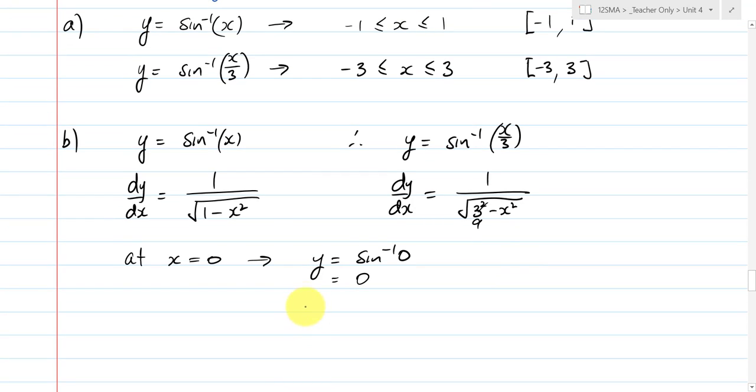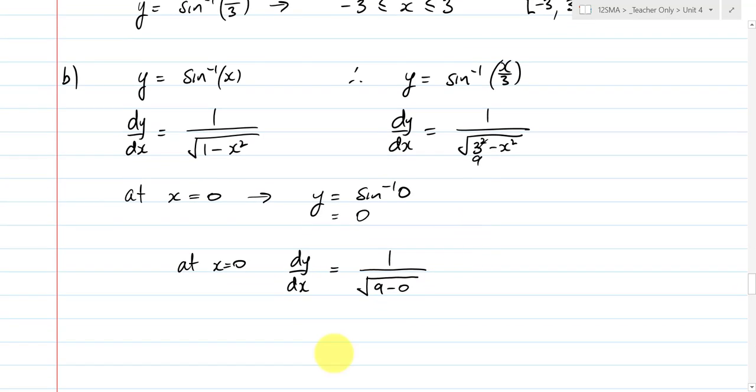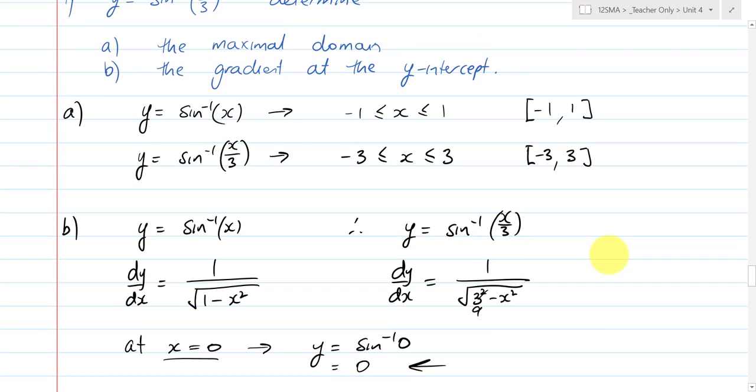And at x equals 0, dy/dx is equal to 1 over the square root of 9 minus 0, which is 1 over the square root of 9, which is 1/3. So the gradient at x equals 0, which is the y-intercept, is 1/3, and that occurs at the origin, although I don't think the question asks us to find that.